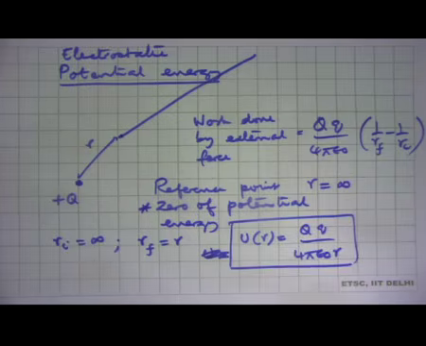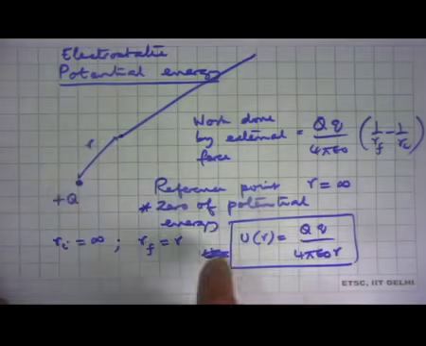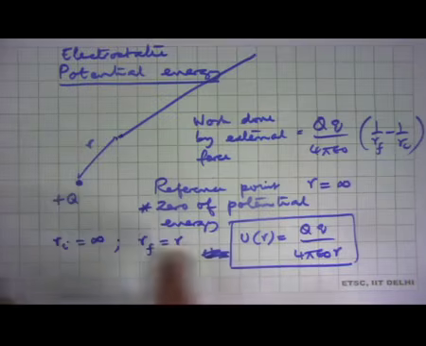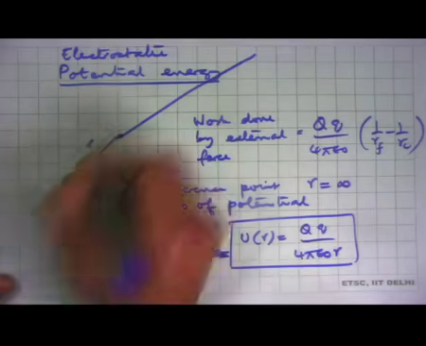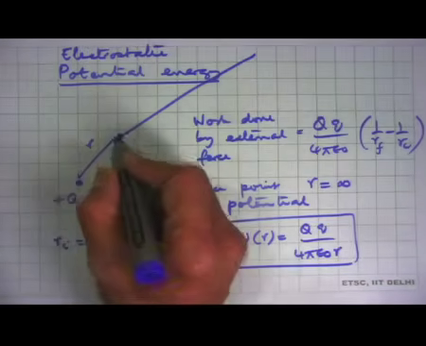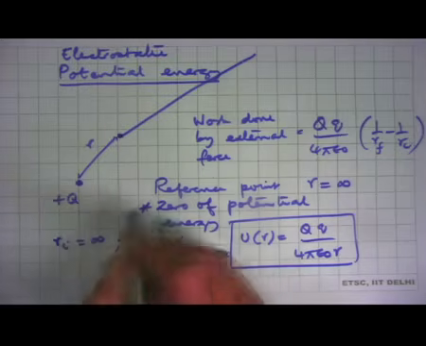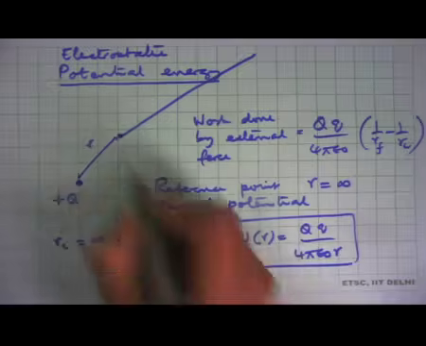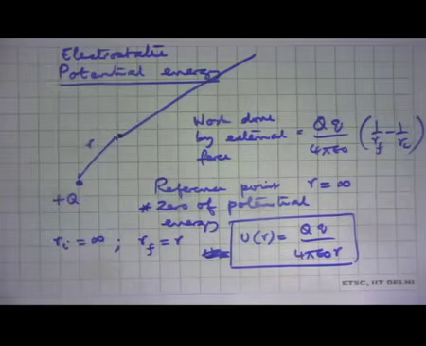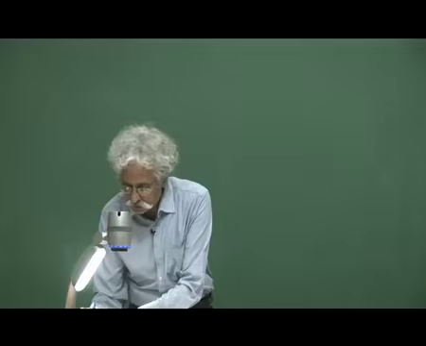Please remember, because the work done is independent of the path followed, no matter how I bring the small charge q from infinity to this point, I will have to do exactly the same amount of work. So, I can define a potential energy which depends only on this point, which is the energy to bring a charge small q from infinity to this point, no matter along which path. This is the potential energy of a pair of charges separated by a distance small r.